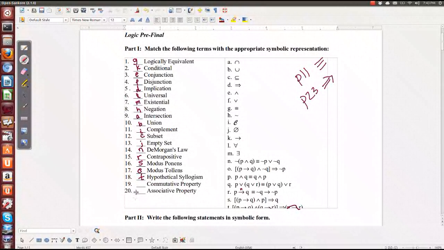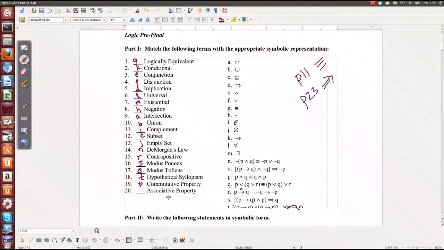And then we have these two properties that we've dealt with on page 23. The idea that for a conjunction and also for a disjunction, the order of the terms really doesn't matter. It does matter for a conditional, and so for conjunction and disjunction, we have this commutative property.